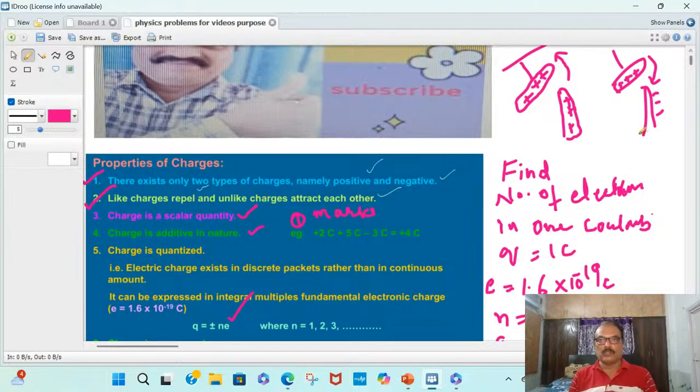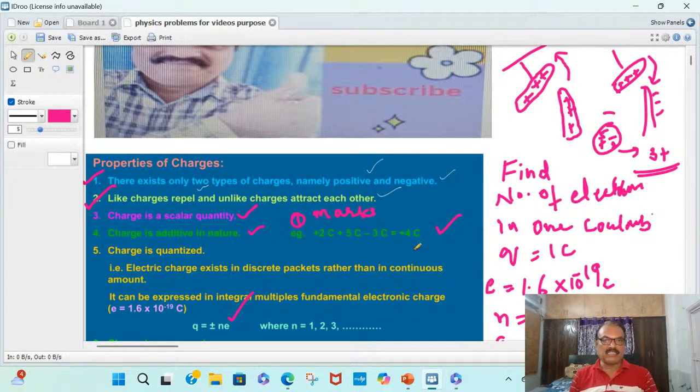If the total charge in a body is, say, five positive and two negative, the total charge will become three positive. That is the additive nature.